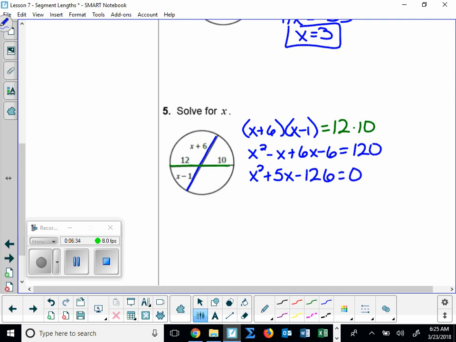I have a quadratic, right? Let's take a look at 126. 1 times 126.